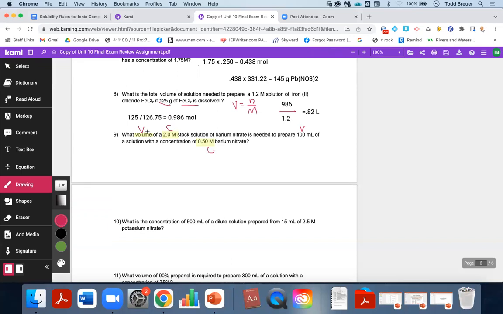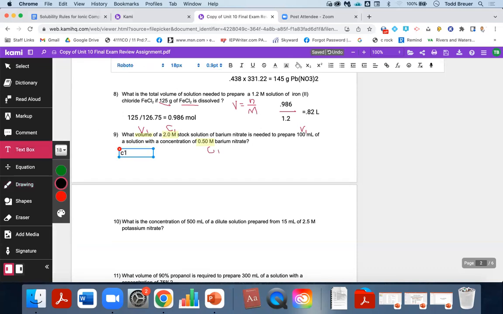So we got a V1, C1, V2, C2. There was a formula we were dealing with for solutions prepared by dilution. It looks like this: C1V1 equals C2V2. We plug in. C1 is 2. V1 is unknown.